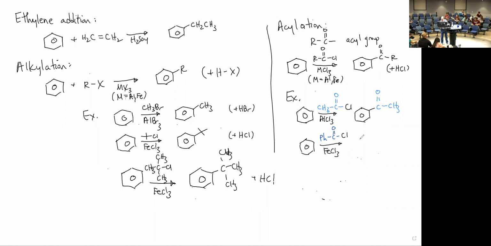Once again, you would get the ketone. In this case, the ketone you get would be something called benzophenone, which is two benzene rings. So one of the benzene rings comes from our reagent, the benzoyl chloride. The other one comes from the benzene that we started with. And so this is also a compound that exists. And I guess in both cases, you would get HCl as well as a side product.